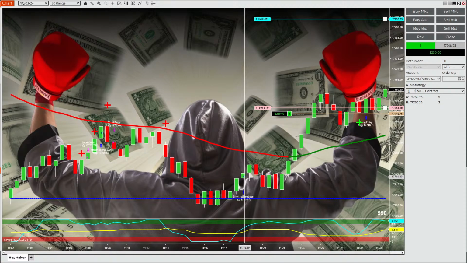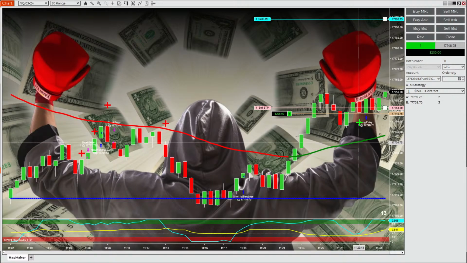So putting this one filter in here, it keeps you out of that trade that's trying to go against the 50. So we waited a while to take this trade until this 50 was green, and then we took the trade.